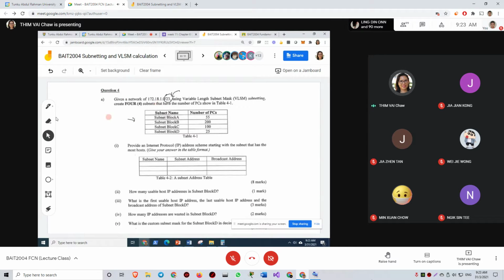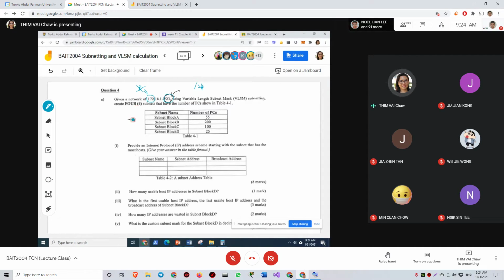I just want you to understand that it is not necessarily the case that all the while you look at the first octet, like 172, and say 172 is a class B. No, we are not looking at that. We are looking at the prefix length. Here it is /23. All the while you had /24, easily /24, but now it's /23.